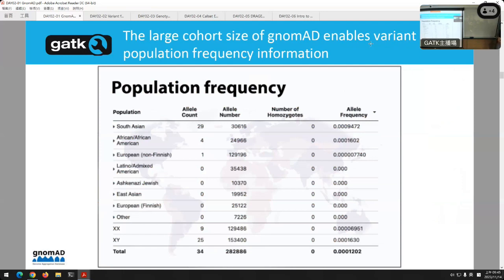Importantly, as the diversity of those samples increases, we can get both a better estimate of a globally representative allele frequency and better estimates of allele frequencies within each population that's included in the database. And again, I'll highlight that all of these samples were joint called together, which enables us to have a genotype for every sample at every site and get these accurate allele frequency estimates.